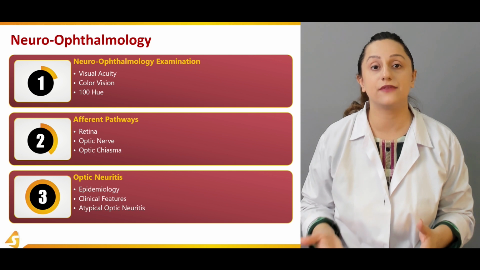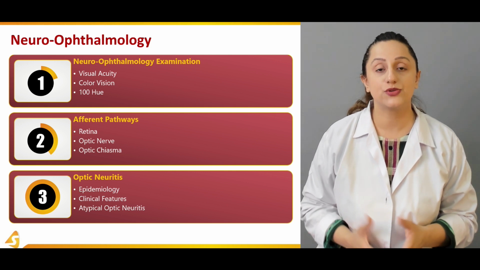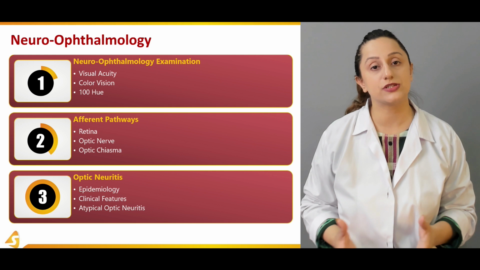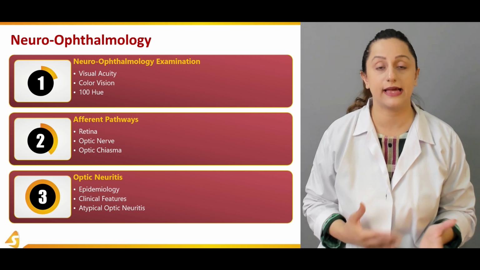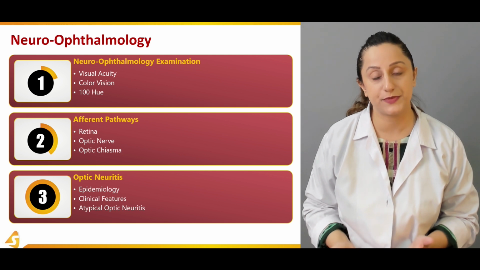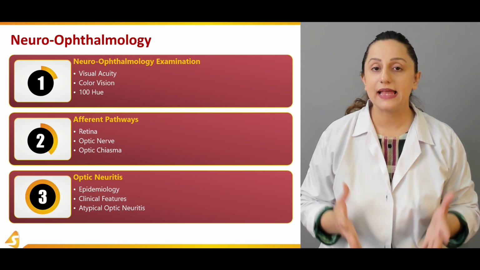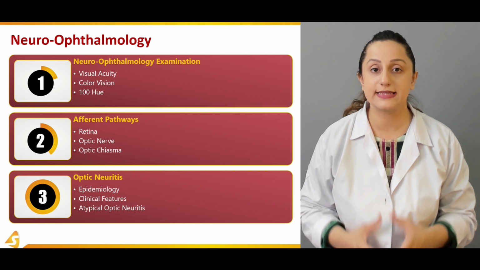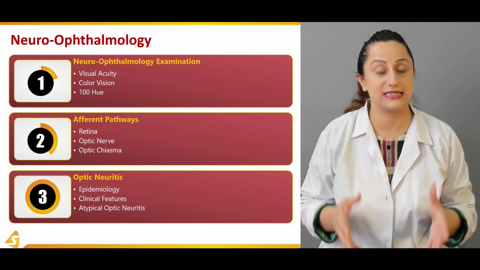History taking is again very important here, and you're going to take a detailed history from the patient, starting off from the patient particulars, and then you move on to the presenting complaints and the history of presenting complaints.